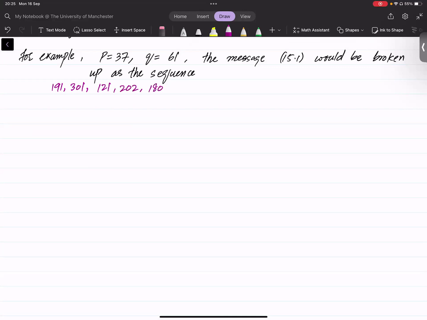So we are making it pairs of 3. If you remove all these commas and combine these, it will be the 15.1. And the actual message was "small brain is the culprit".